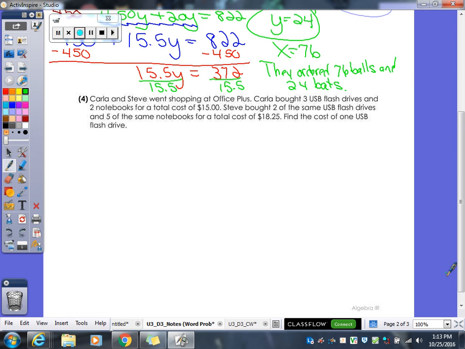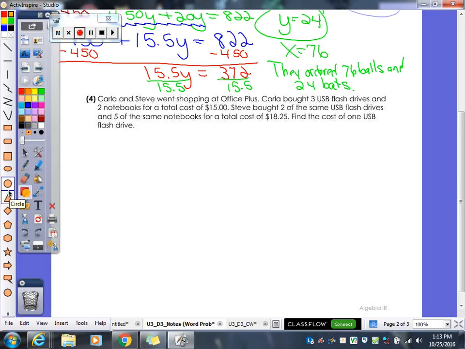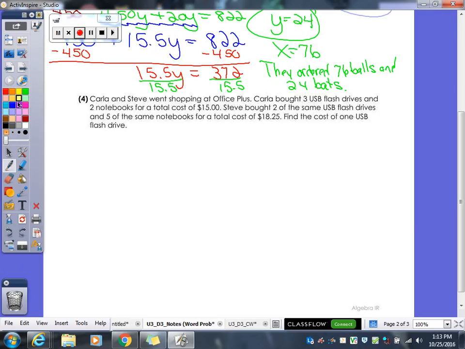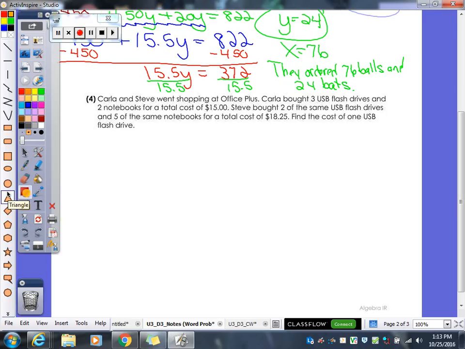Now this one, even though it has money, there's money throughout the problem. So we're going to have a let statement box, and then we'll have an equation box.